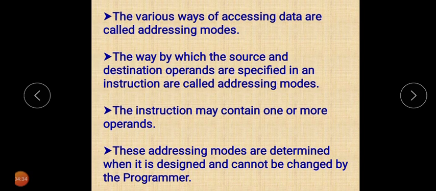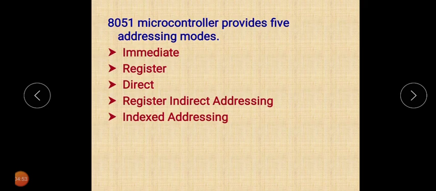Now, a given instruction can contain one or many operands, and the addressing modes for any given microcontroller are determined during its designing, and they cannot be changed by the programmer. 8051 microcontroller provides 5 different types of addressing modes.